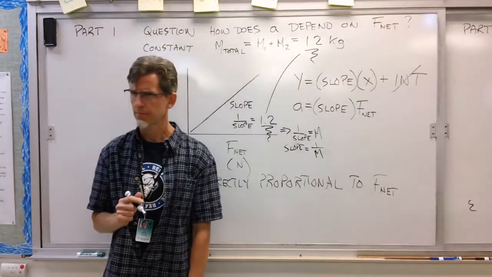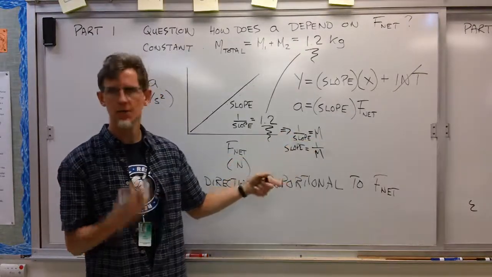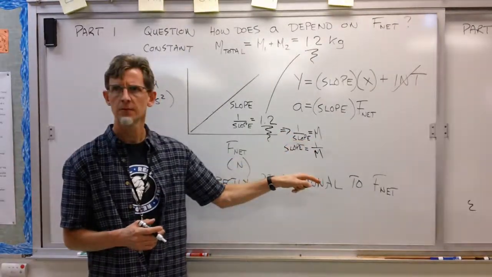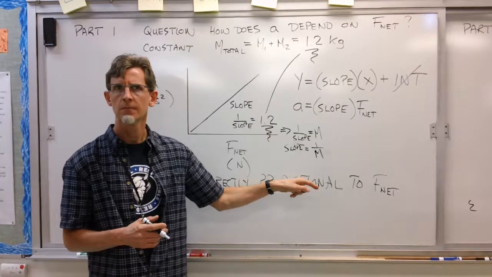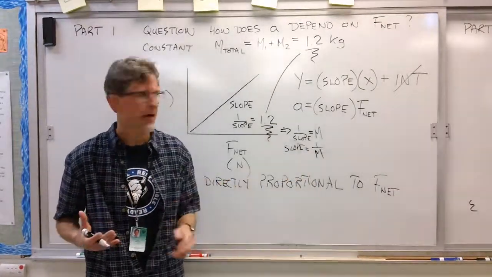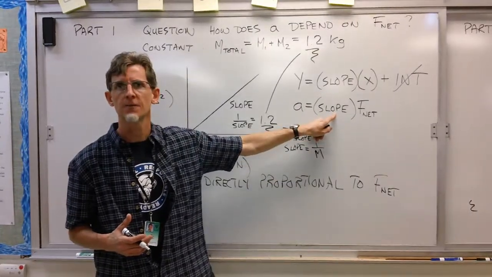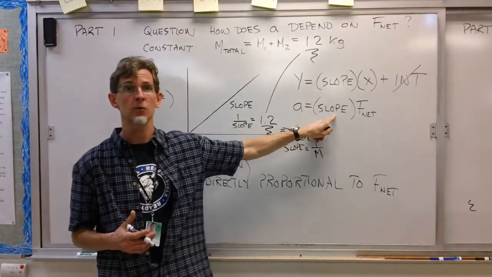Yeah, is that right? 1 over slope is equal to mass. Is it also true that slope is equal to 1 over mass? Just kind of cross multiplying? And this is my hypothesis, right? So the reason I'm making this hypothesis is I'm going to come back to this formula, and I want a good physics formula here. I want something that has physics in it, not the word slope.